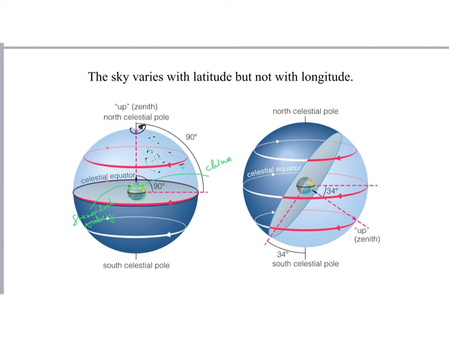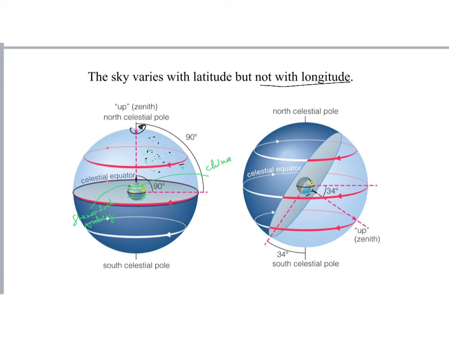What matters is where you are relative to the equator. Say, for example, you're somewhere in Southern Africa, or Australia for that matter, it's going to be the same, because the sky is not going to depend on the longitude.